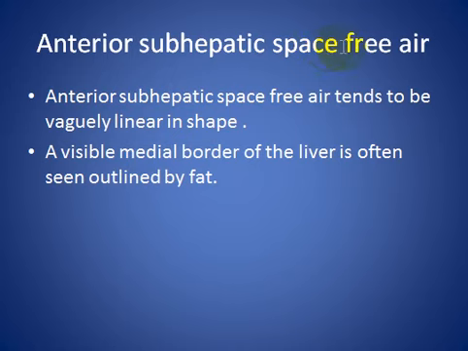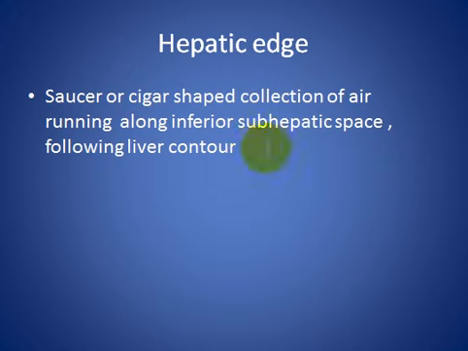Anterior subhepatic space free air tends to be vaguely linear in shape, and the visible medial border of the liver is often seen by the fat. Also, the hepatic edge sign appears as a saucer- or cigar-shaped collection of air running along the inferior subhepatic space following the liver contour.